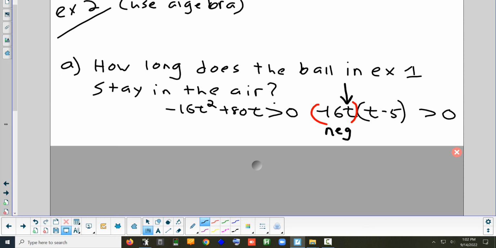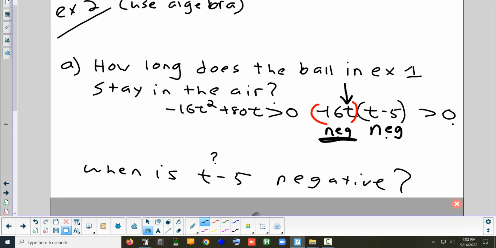In general, you want this entire thing to come out positive. The negative is automatic. You can't control that. But for this, we have to pick a value that would make this second factor negative. So then a negative times a negative gives you a positive.